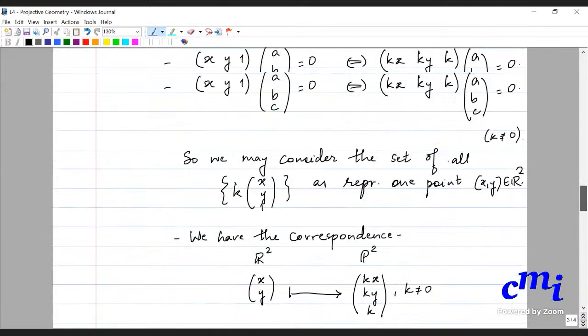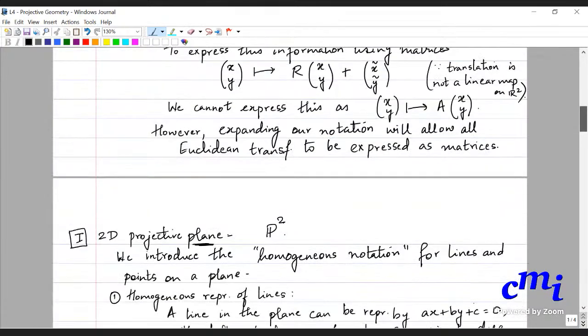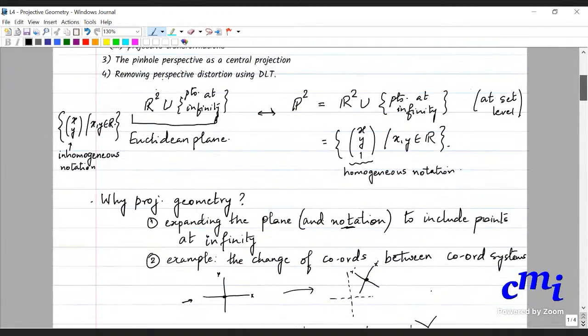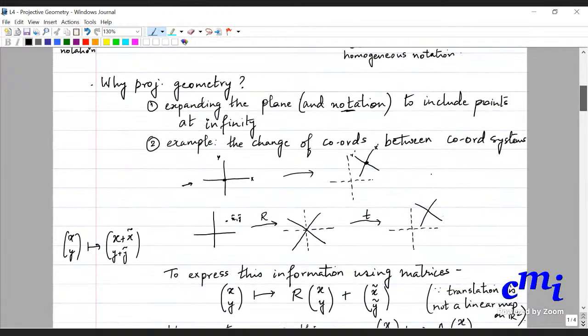And the other very practical reason is that you want this expansion of notation, what I explained earlier here. You want to be able to write in the end that the world point is acted upon by some matrix and you get the image point. And this is not going to happen with your usual linear algebra in R2 because translation is not a linear transformation.